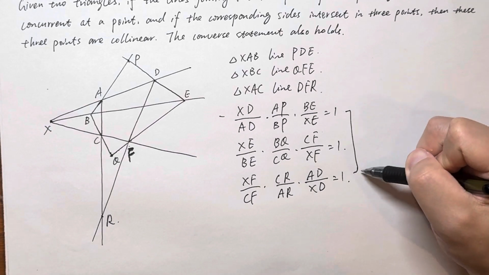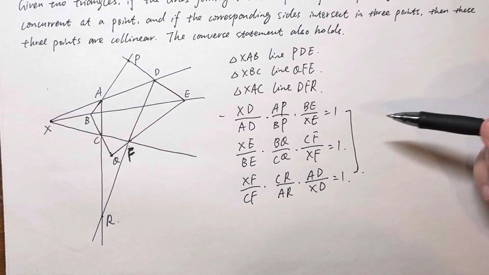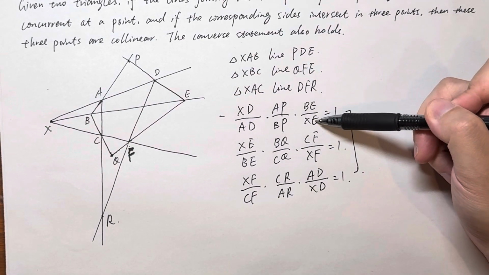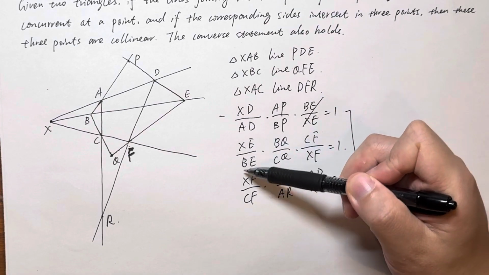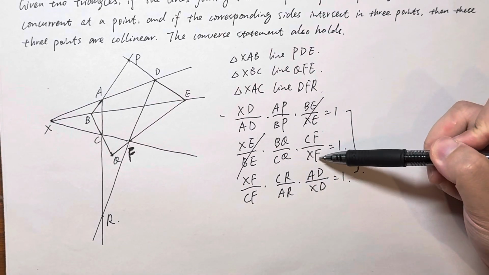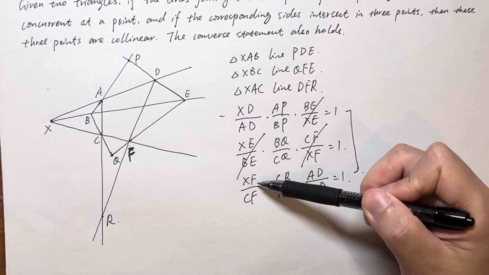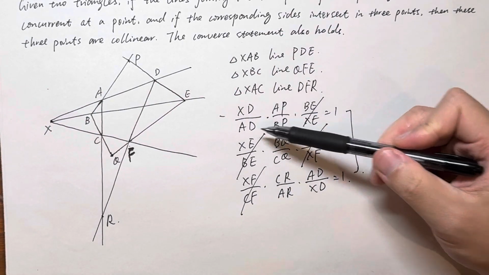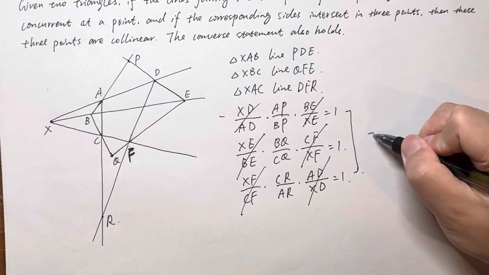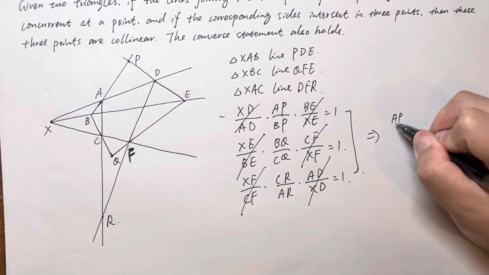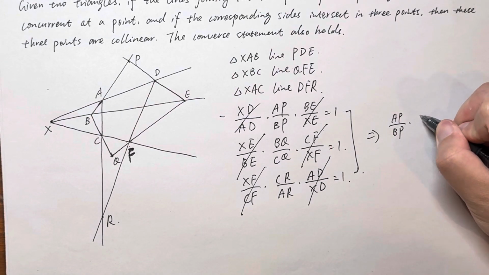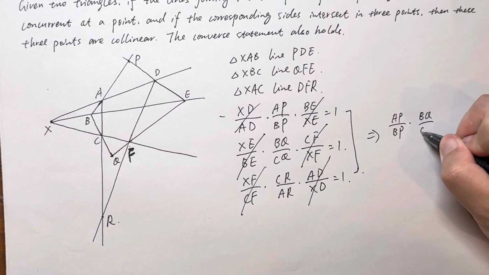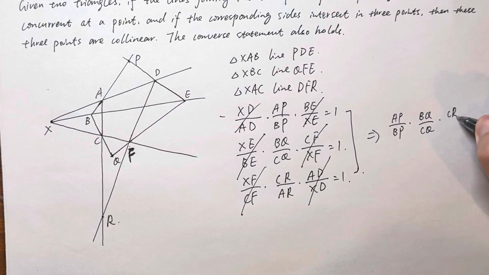And then we multiply these three equations. We know that BE to XE cancels with XE to BE, CF to XF cancels with XF to CF, and AD to XD cancels with XD to AD. Which means AP to BP times BQ to CQ times CR to RA equals 1.